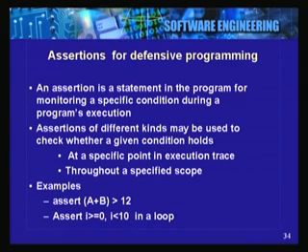Another example of assertion is on the second line here, last line in this slide. The second example, assert I is greater than or equal to 0 and I less than 10 in a given loop. So value of I should be 0 to 9. If by some mistake the value jumps beyond this range, there is a problem. Failure must be reported.